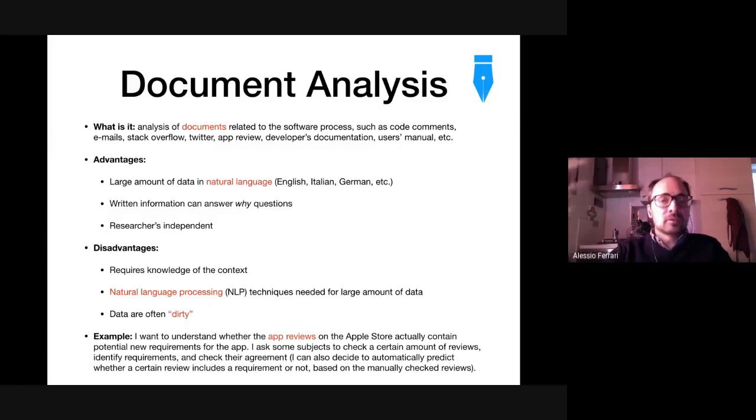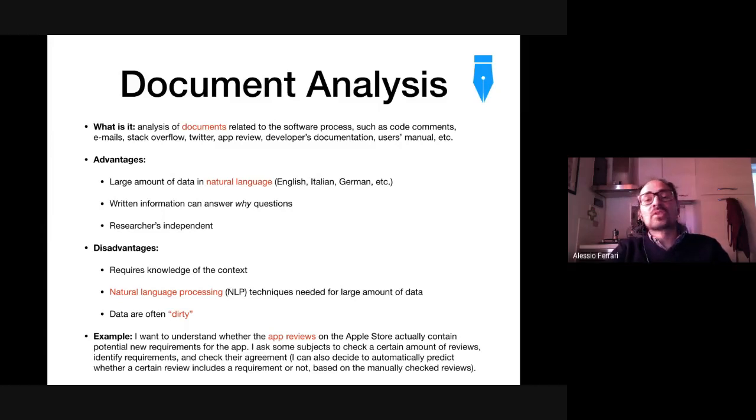There is all the information in Stack Overflow. There may be information in Twitter, in the app reviews, in the developer's documentation, in the user's manual. So there is a lot of natural language that is surrounding the source code and the language that you use for programming.